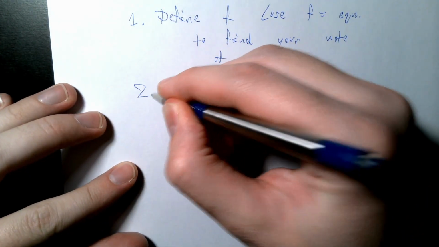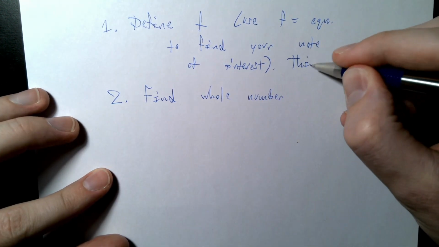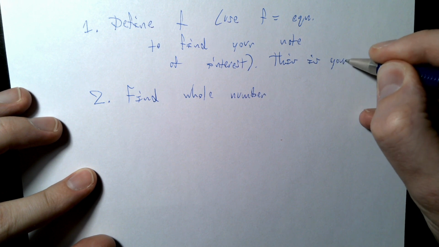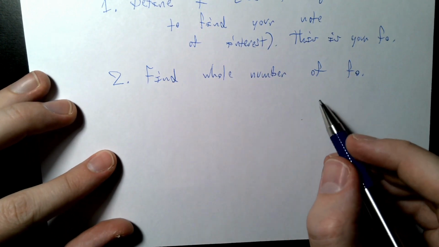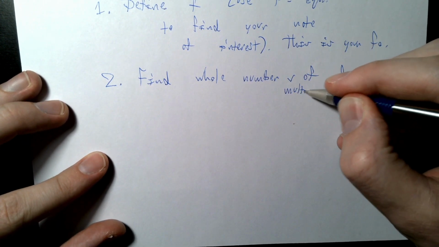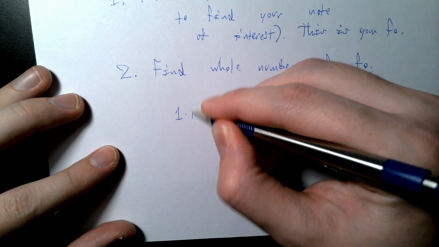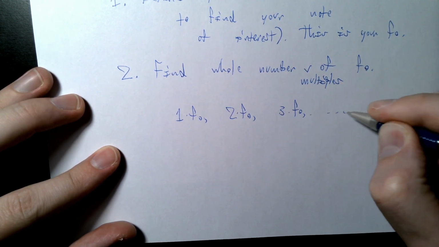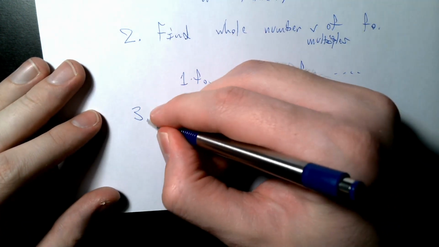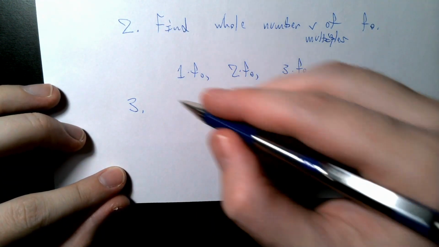So step 2 is find whole number multiples of F naught. So these are 1 times F naught, 2 times F naught, 3 times F naught, and so on. And then step 3, you finally convert these frequencies.